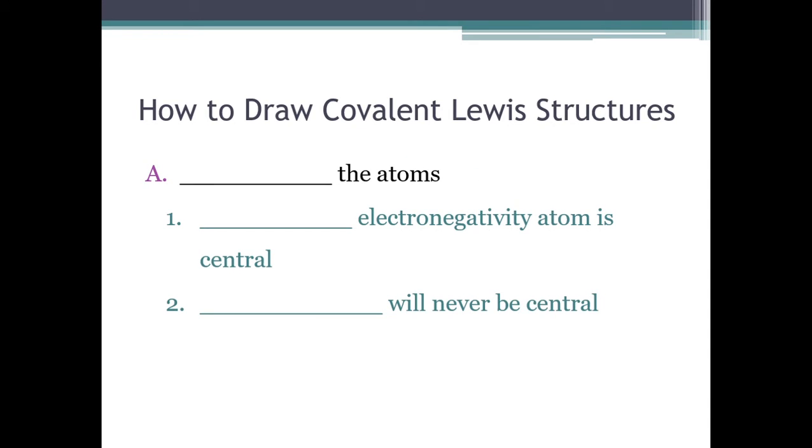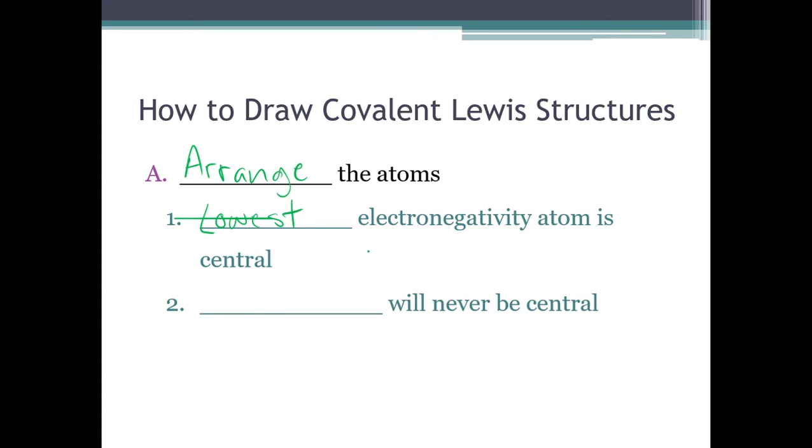As far as drawing your Lewis structures, first, you need to arrange the atoms. You should put the lowest electronegativity in the center because the central atom is the one that's going to have to share with everything.